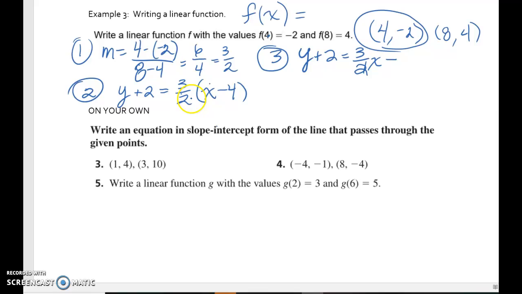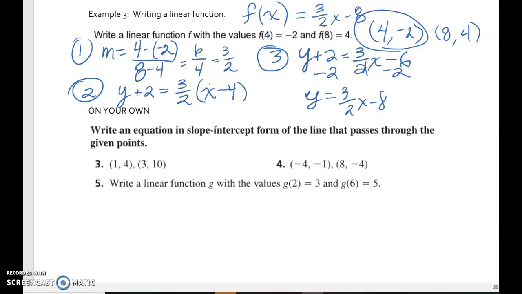And then if I do 3/2 times 4, 4 divided by 2 is 2. 2 times 3 is 6. And then I'm going to subtract 2 from both sides. So my final answer here would be y equals 3/2 x minus 8, which I'm just going to come up here and finish writing my function. So it's f of x equals 3/2 x minus 8. And that's my final answer.